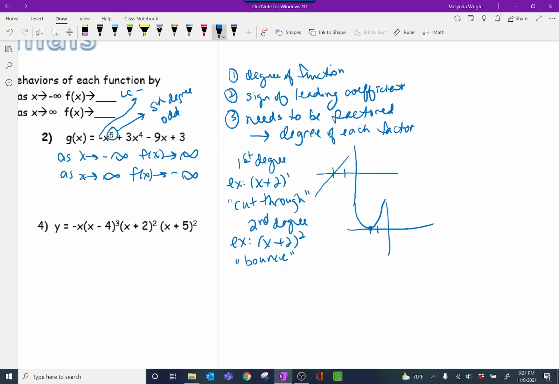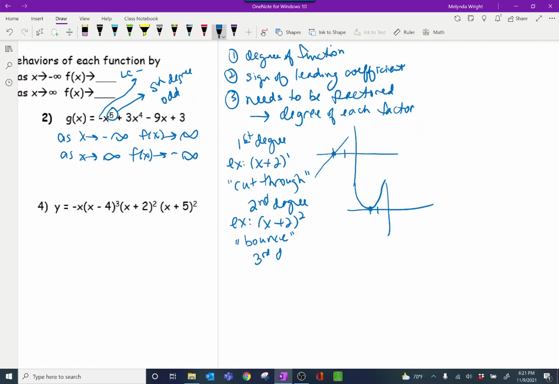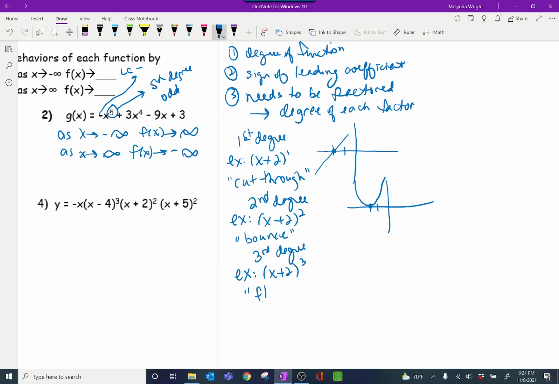So the third scenario, let's say we have a third degree. An example of that would be, say, x plus 2 cubed. Okay, this one is called flatten. So what happens is, I don't know if you recall what x cubed looks like when it's graphed.